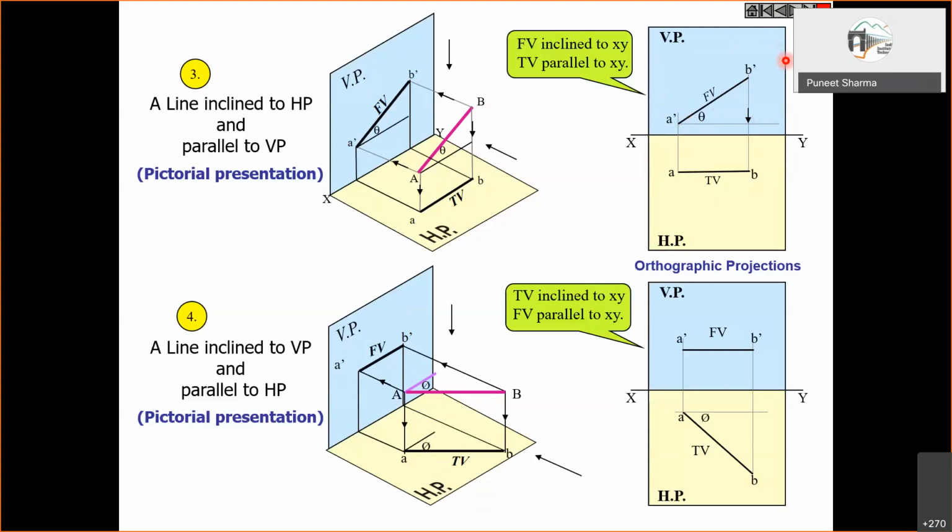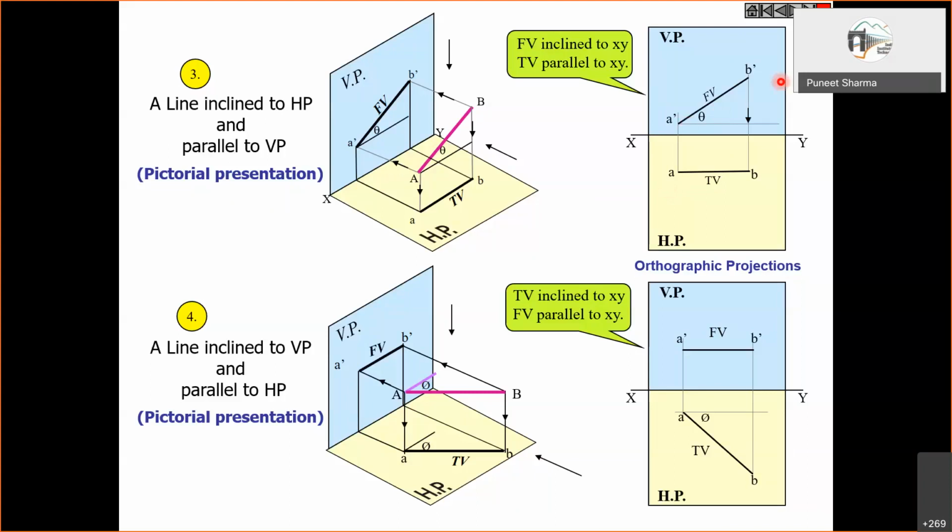Thereafter, we can draw the projector and we can draw a line from this A parallel to XY and obtain this B. Got the point? So what I'm saying is, we have been given information of the one endpoint, where it is located. We have been given the length of the line and the inclination. Then we first of all draw A dash A at any chosen location. Thereafter, using the length and inclination, we obtain the front view.